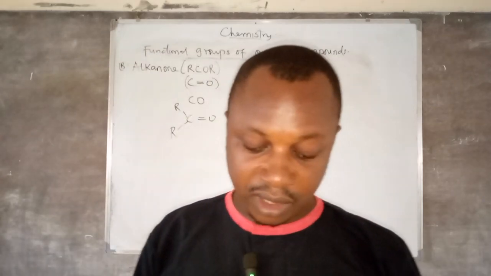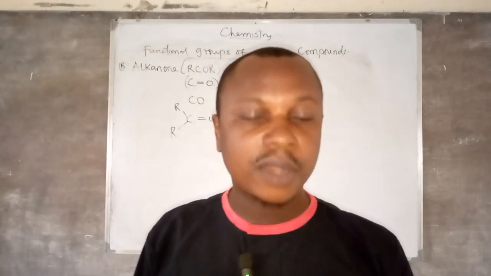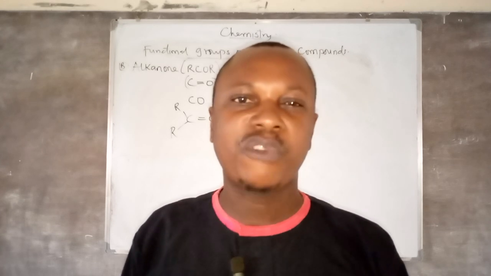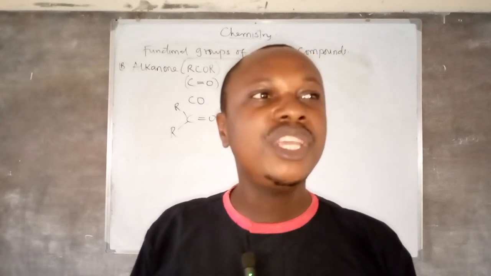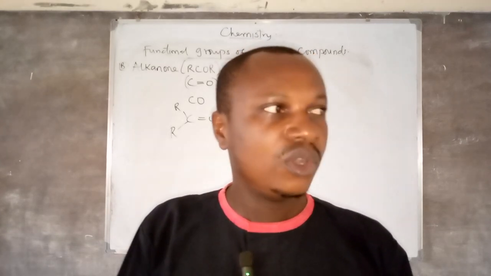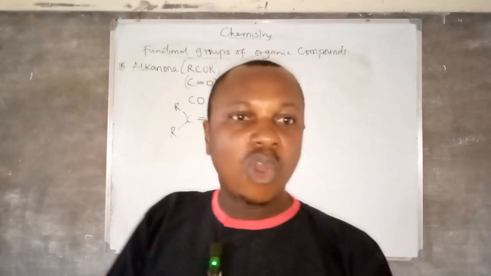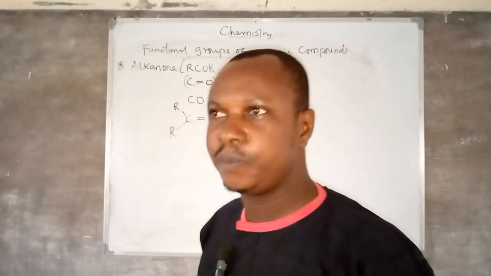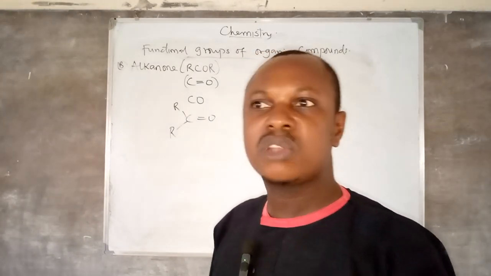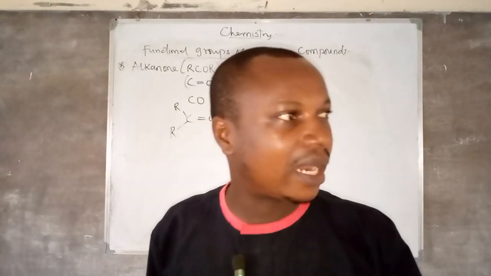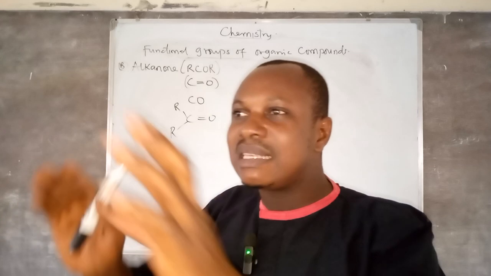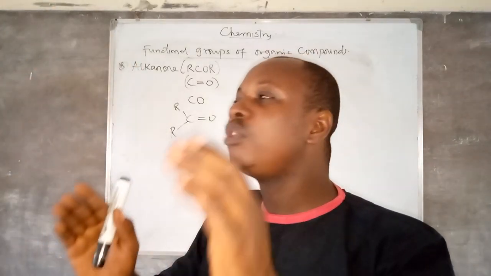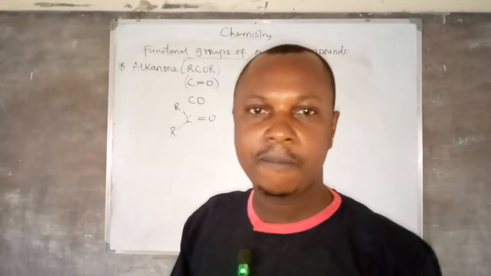Don't forget, subsequent videos will be on IUPAC nomenclature for organic compounds, how we use IUPAC nomenclature to name organic compounds. All these ones are just coming so that you can know their functional groups, so that when we dive into IUPAC nomenclature, anyone you see with this functional group, you already know where it belongs.